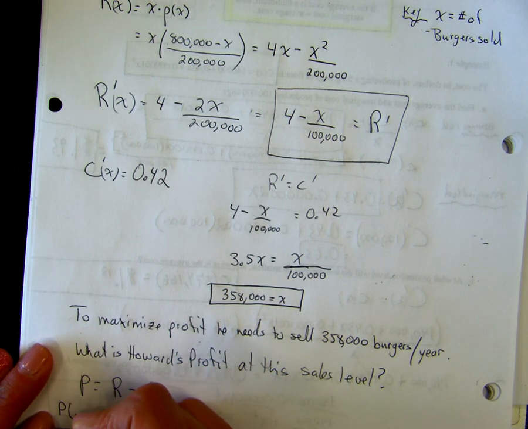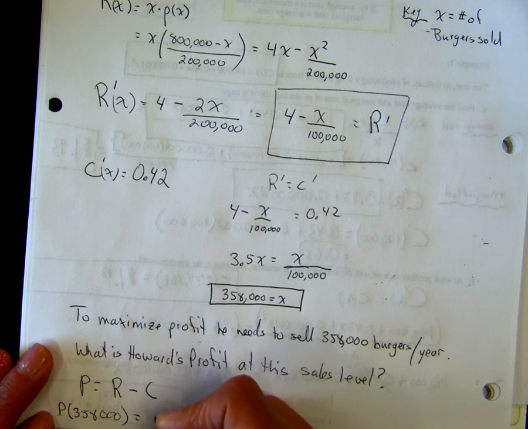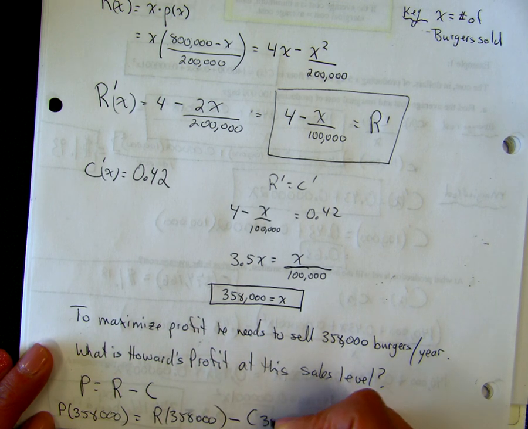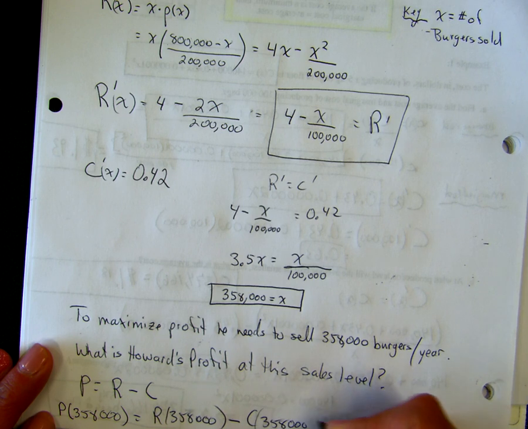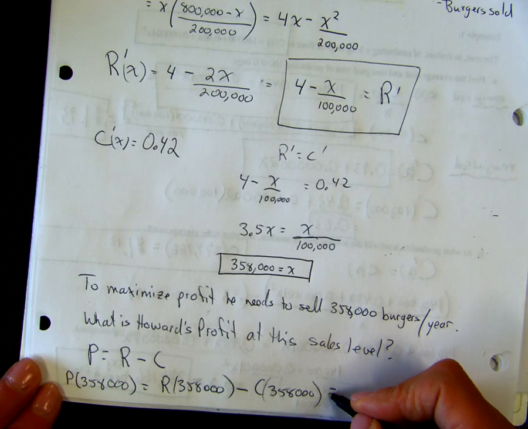That is, his profit at 358,000 is going to equal the revenue at 358,000 minus the cost at 358,000. So plug that into all of those functions and tell me what you get.